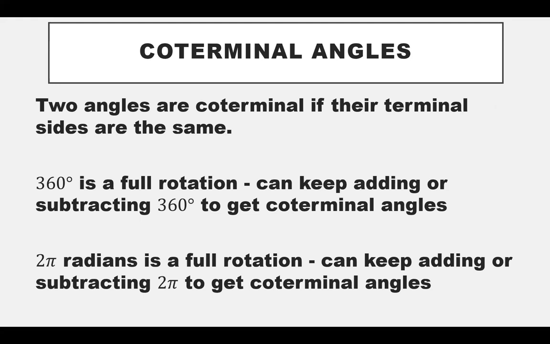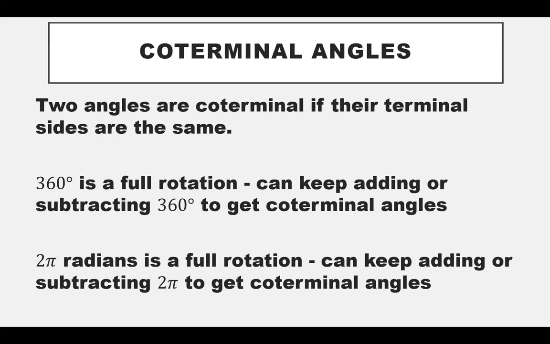Since 360 degrees is a full rotation, we can keep adding or subtracting 360 degrees to get infinitely many coterminal angles for a given angle. And in the same fashion, I can just keep adding and subtracting 2 pi to give me coterminal angles if I'm measuring in radians.